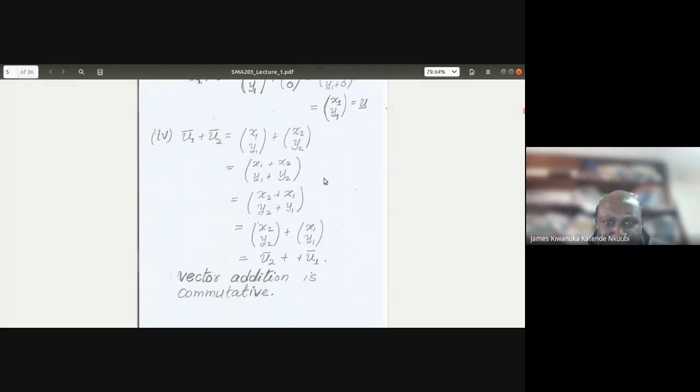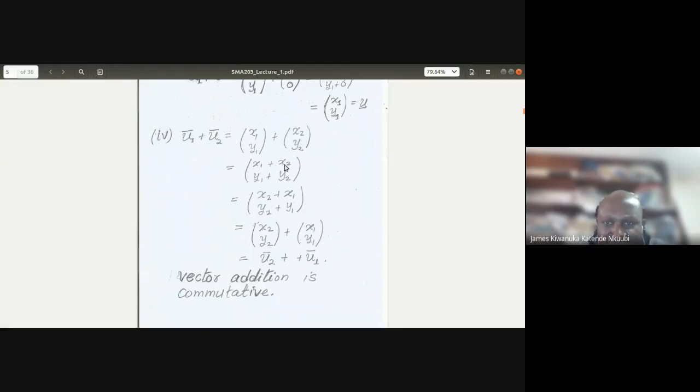We also check that vector addition is commutative. In our list, I think this is the fifth property, but I went to it before I did the fourth property, so we shall just change the order here. So u1 plus u2 can be written as x1 plus x2 as the first component, and y1 plus y2 as the second component. But again, remember, we are just adding real numbers, and addition of real numbers is commutative.